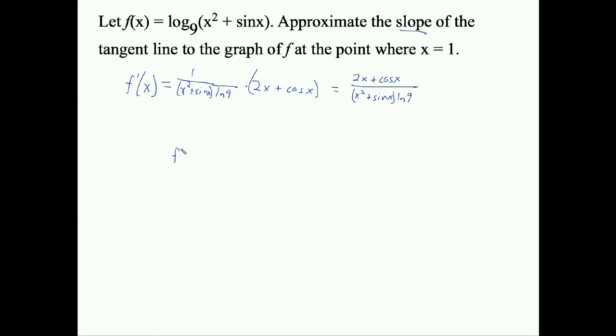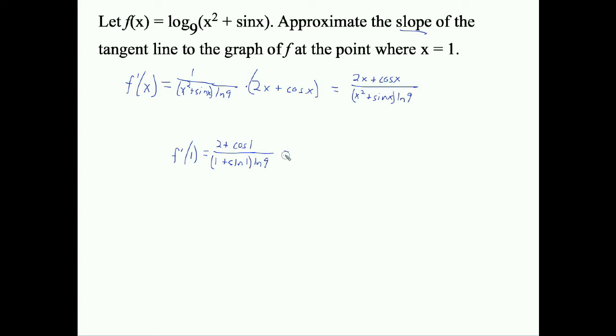So we're going to do f prime of 1. And you get 2 times 1, which is 2, plus cosine of 1. Whenever it's not mentioned, we are working with radians here. So cosine of 1 over 1 squared, which is 1, plus sine of 1, times the natural log of 9.